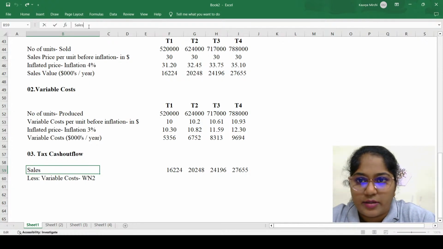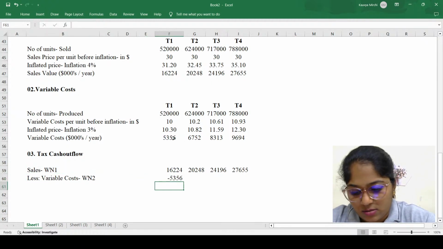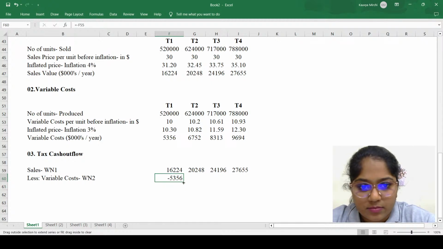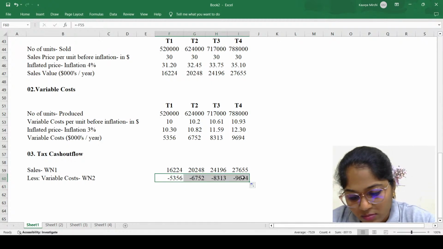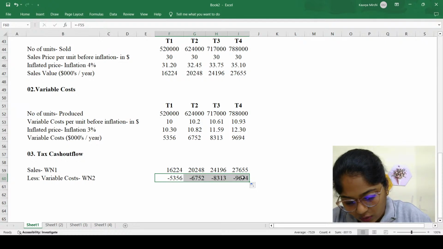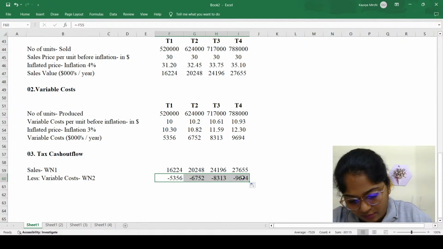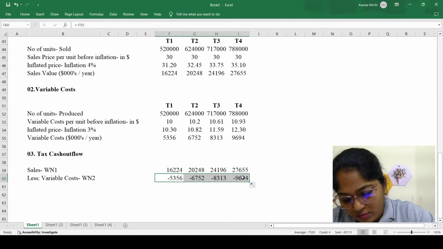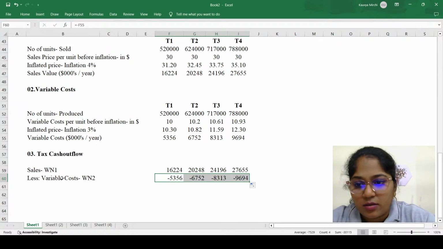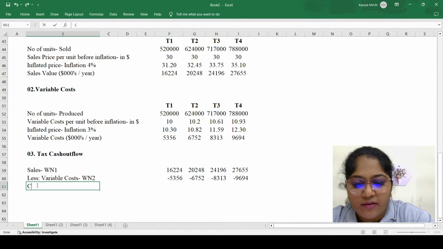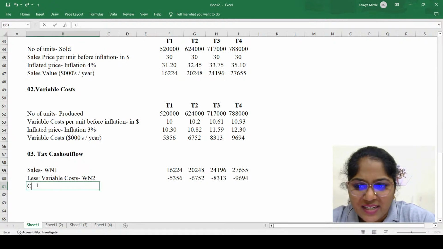So what is variable cost? This minus this. Now move forward. Then I will have what? I will get contribution, or you can directly write less fixed cost too.